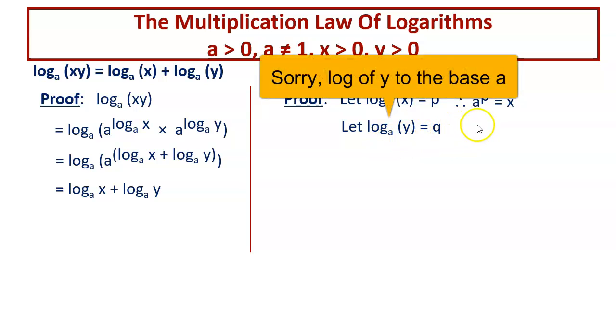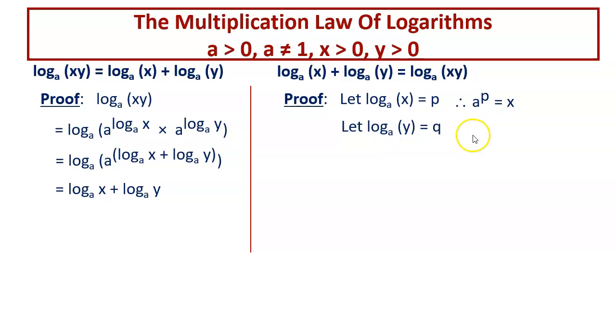So again converting it to an exponential equation, it is e to the power of q equal to y. Then this is the left hand side, log of x to the base e plus log of y to the base e. So this is equal to obviously p plus q.